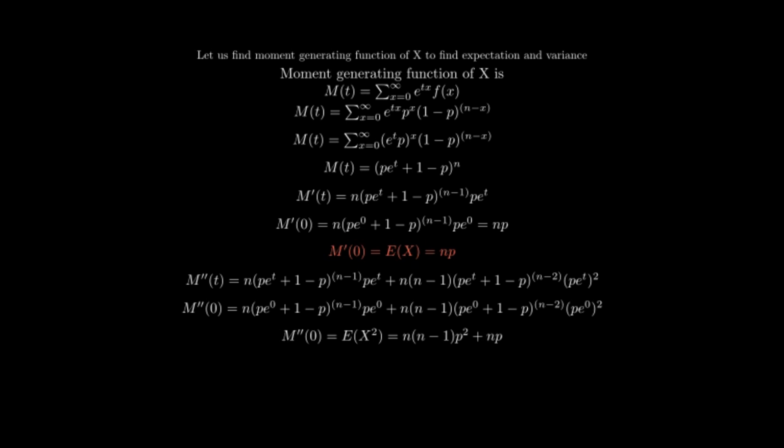But this is not the variance. Variance is defined as the expected value of X squared minus the square of the expected value, and that would be np(1 minus p). So expectation is np and variance is np(1 minus p).